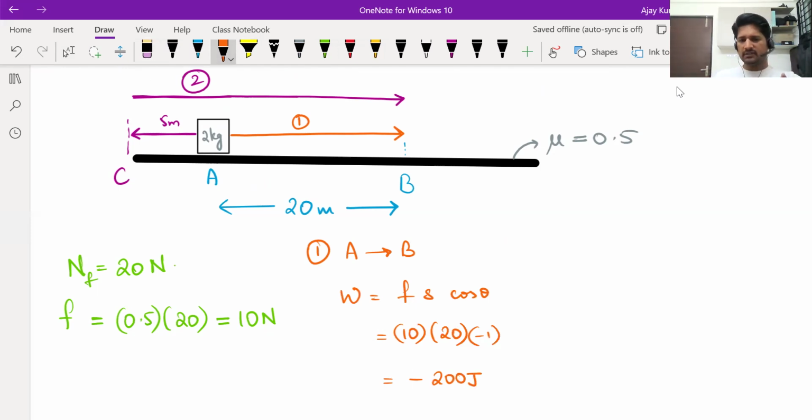Now we have to see if the same amount of work will be done when it is first taken to C and then to B. Okay, let's do that part now. Tell me, when the block is taken from A to C, how much is the work done by friction? Formula is still F s cos theta itself. How much friction acts on it?